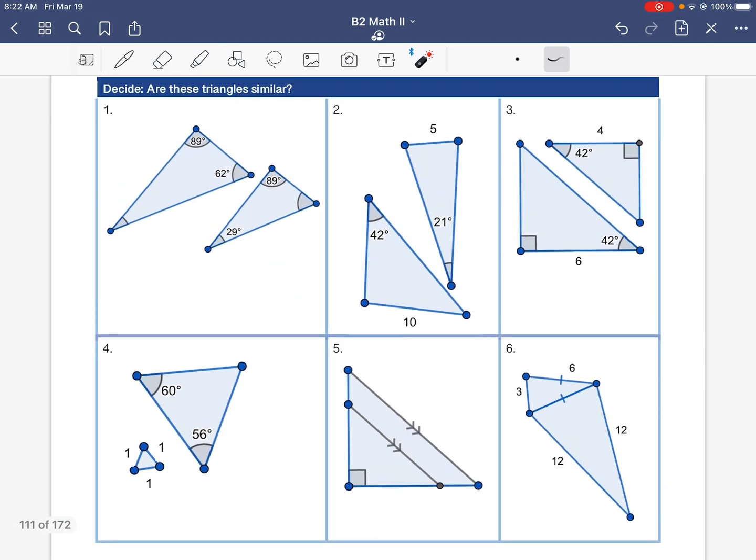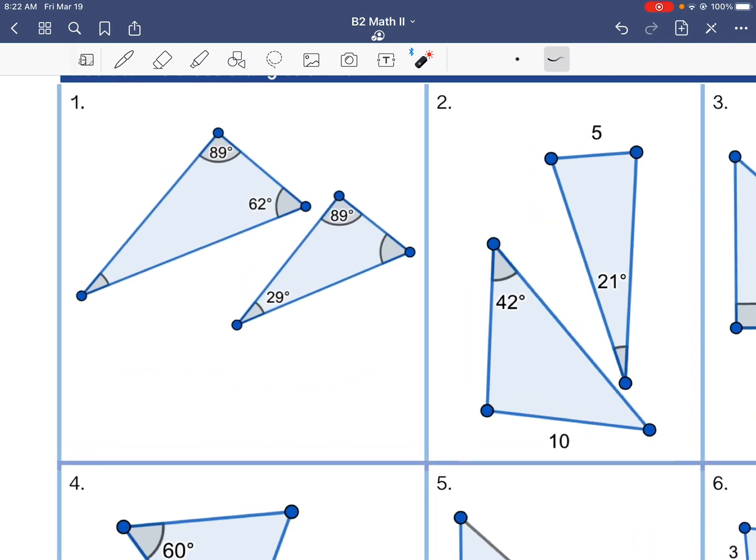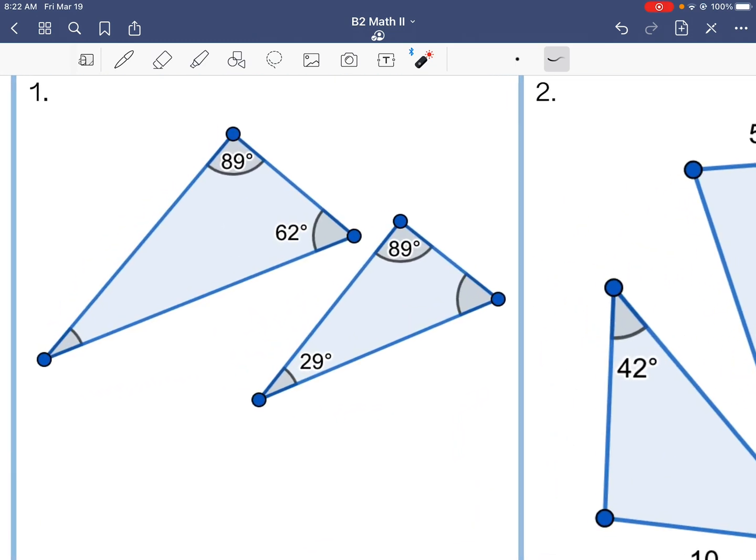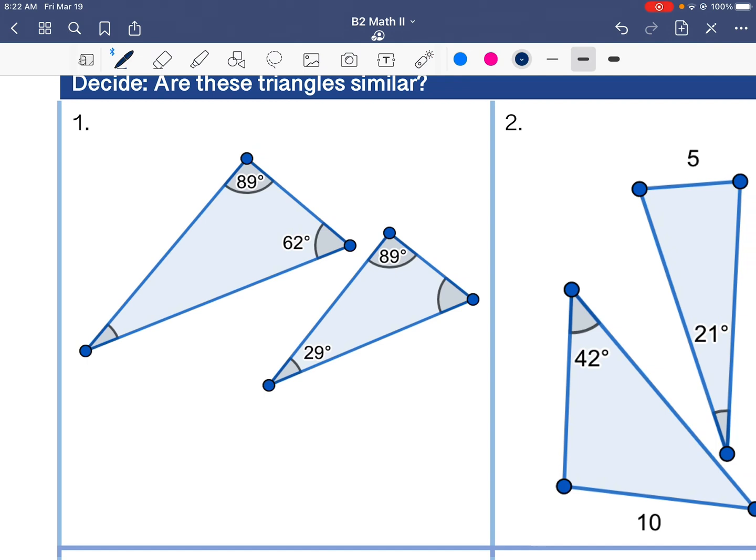So we are going to look at these triangles here and decide if they're similar or not. So this first pair of triangles, we have an angle that's 29 and an angle that's 89 and an angle that's 62. We don't technically know if two of these angles are the same unless we figure out what the third angle is.